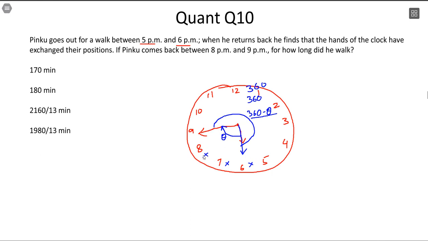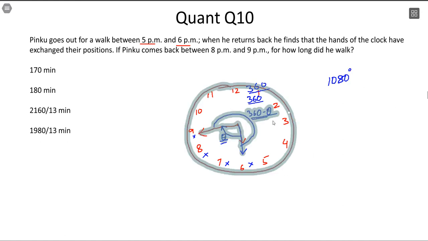When the hour hand is pointing here, until then, the minute hand has traveled 360 minus theta. So, can you see the minute hand and the hour hand together in the duration that Pinku was out have traveled 1080 degrees?